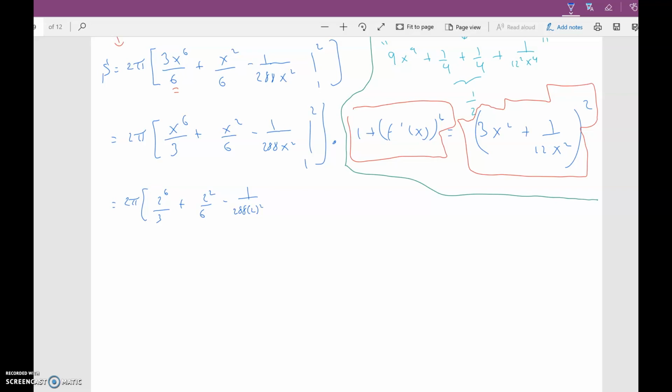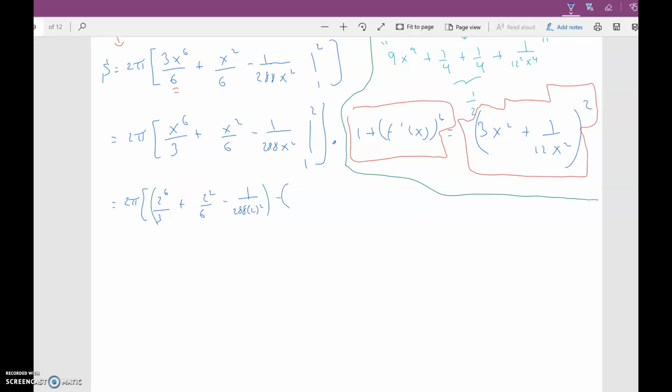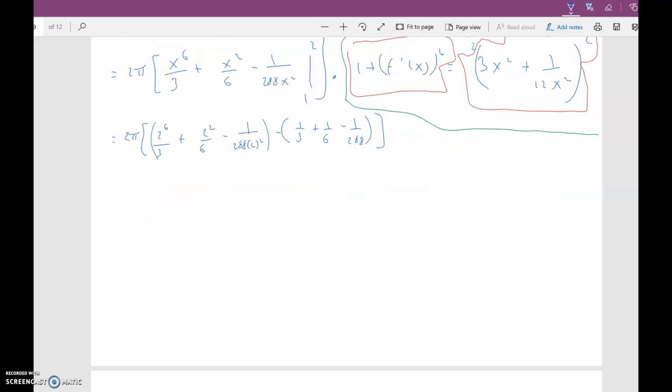That's going to be the first evaluation of the 2's, and then we're going to have a minus, and then let's evaluate the 1's. So this one's not going to be that bad. It's going to be 1/3 plus 1/6 minus 1 over 288, since you're just going to have a 1 squared, and all of this gets multiplied with the 2 pi on the outside.